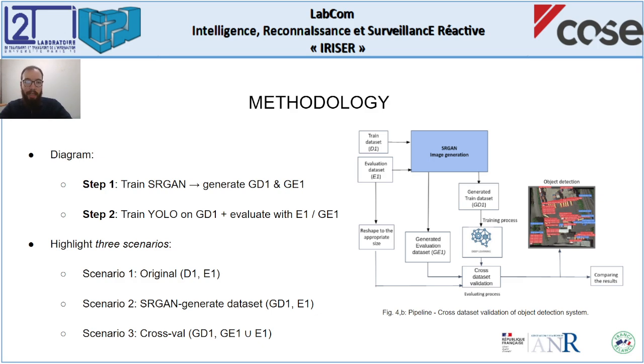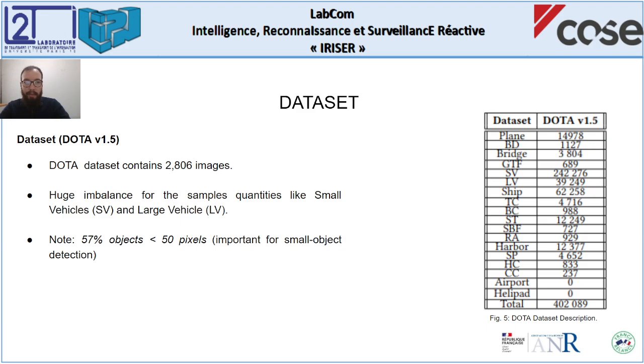Then we analyze the first scenario only as a baseline: original images to train and original images to evaluate. The second one is, again, generated images to train and to evaluate, and the third one is the cross evaluation, so using generated images and evaluating the models with the original ones.